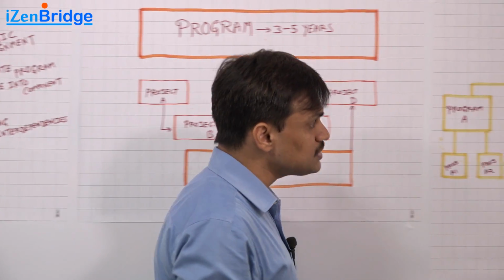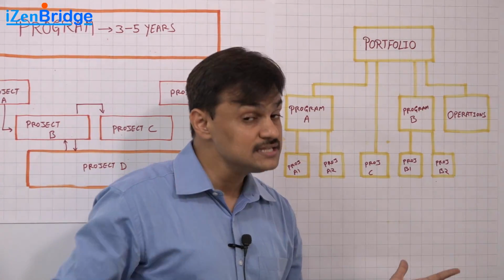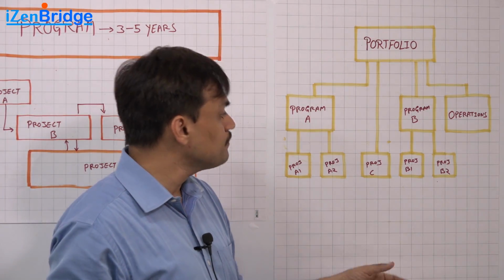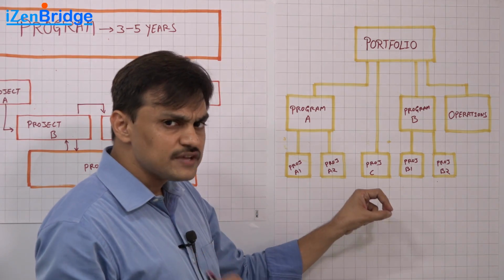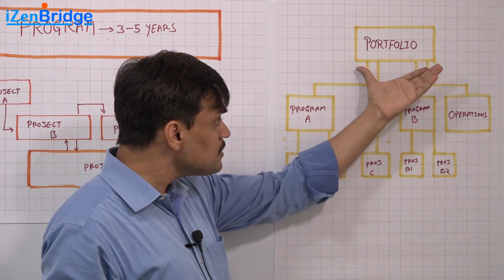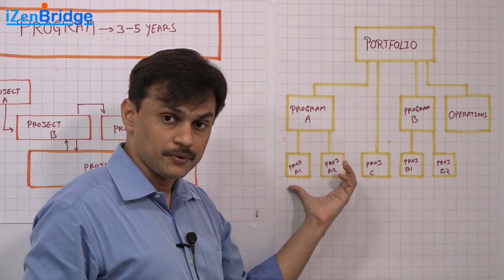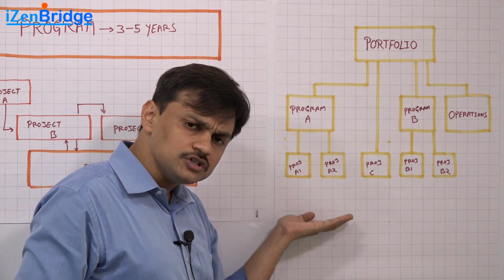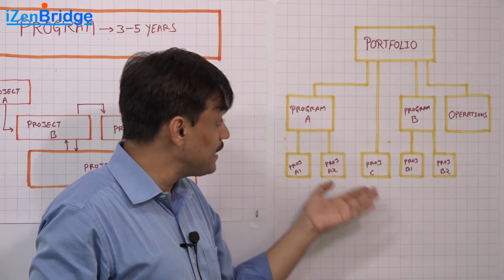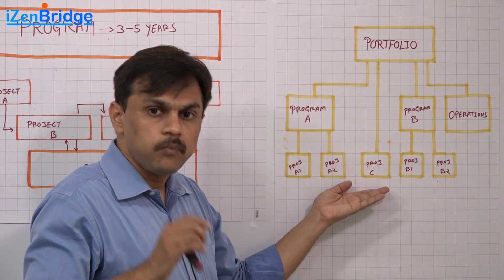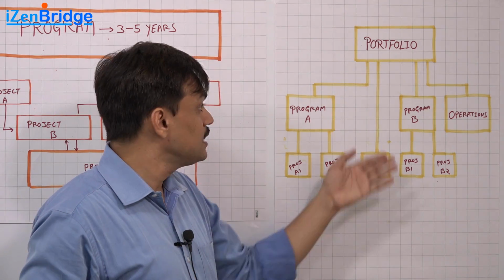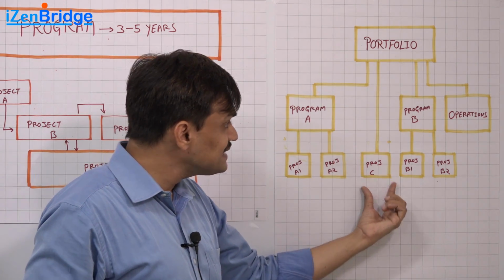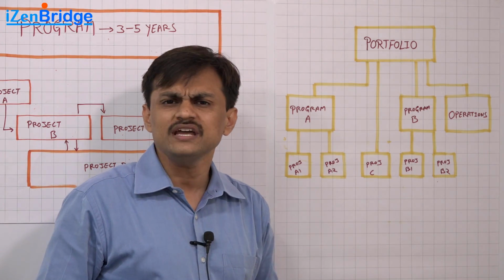Now, this is a particular thing we have been looking at since the portfolio video. The simple thing I want to emphasize here is, under a portfolio we may have some programs, and programs may have lots of projects under them, but there is also a possibility, and many times it exists, that some projects come directly under the portfolio. They don't have a program.